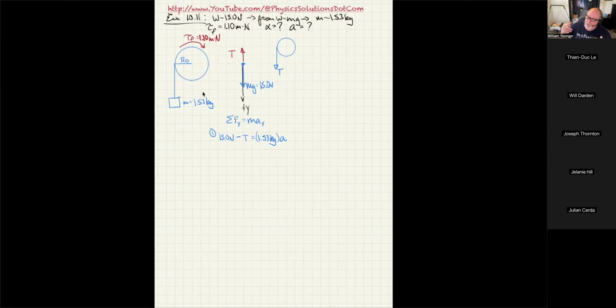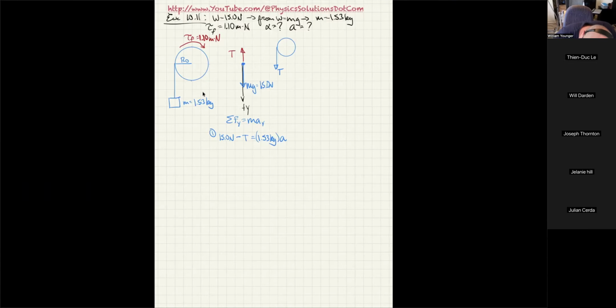They look like an action-reaction pair, but the main thing is, according to the hanging mass m, it would be falling at 9.8 meters per second squared if it wasn't for this tension slowing it down. Similarly, the pulley would be sitting perfectly still if it wasn't for that tension pulling it counterclockwise. So that's the way the tension should look in two different diagrams. In one case, it's acting upward. In the other case, it's acting downward. That's perfectly normal. That's what you want to look for when you're setting up your equations.